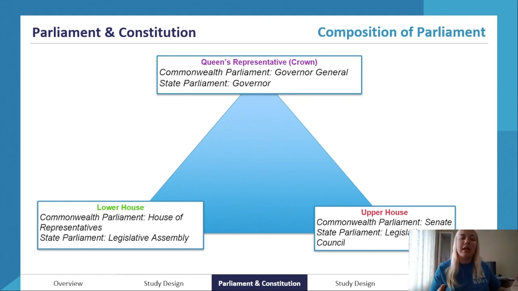So this means, if that year during the elections, most members that were elected by the people included Labour Party representatives, Labour becomes the majority party because they have the majority of seats. And the leader of that political party, depending on if it's state or Commonwealth level, they would become the person sort of in charge, right? The minister.